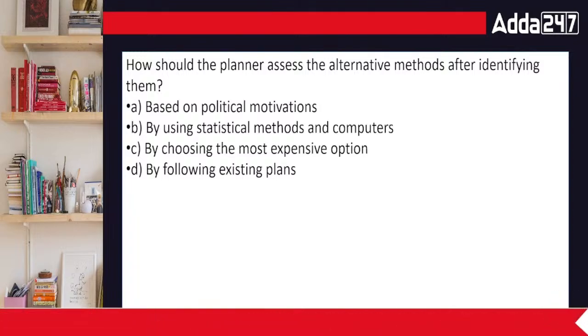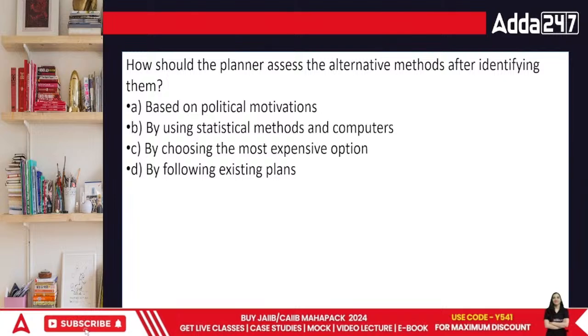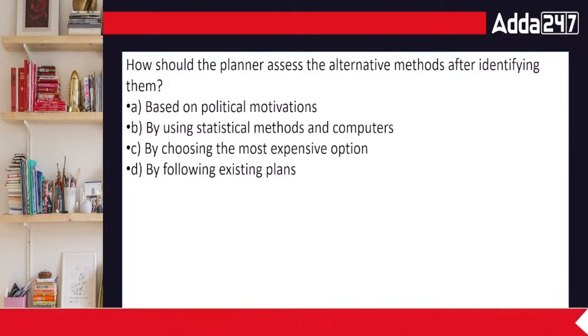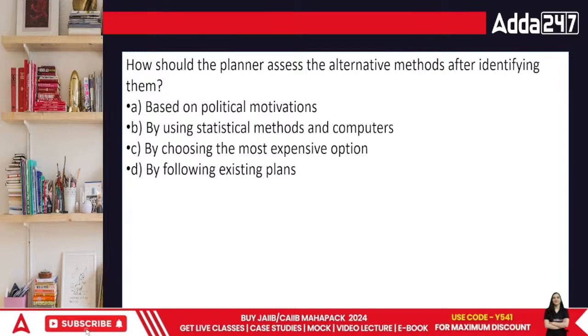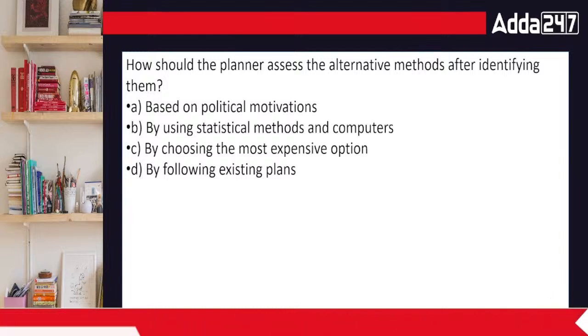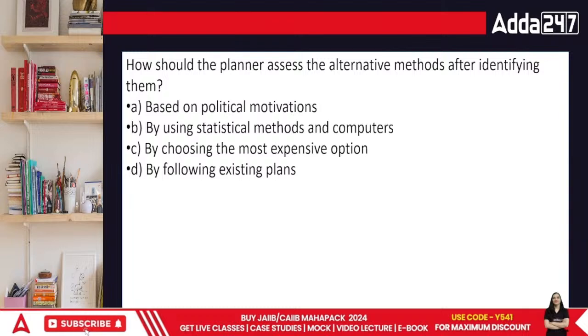Based on political motivations, by using statistical methods and computers, by choosing the most expensive option, or by choosing existing plans. See, expensive option is never the point. You're not buying some clothes which are of good quality, right? Expensive doesn't mean good there. So this particular thing is definitely a very vague point to add.